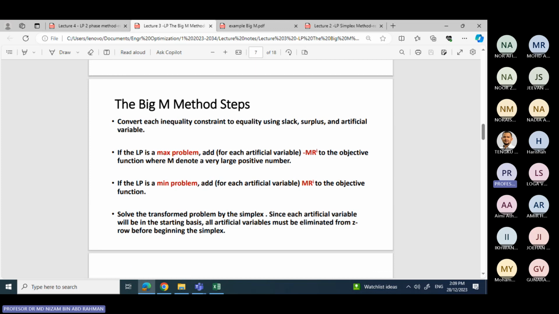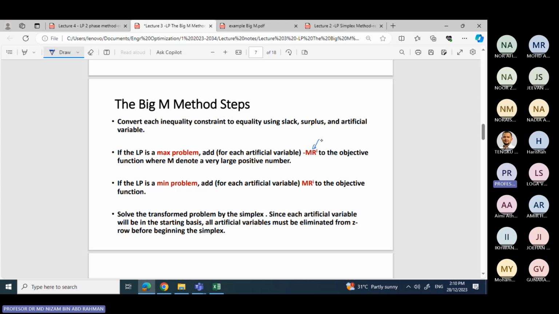One of the important things that you need to understand and remember whenever you use the big M method: if the linear programming is a maximization problem, meaning that the objective function is to maximize something, then you need to add a minus M multiplier to the artificial variables.